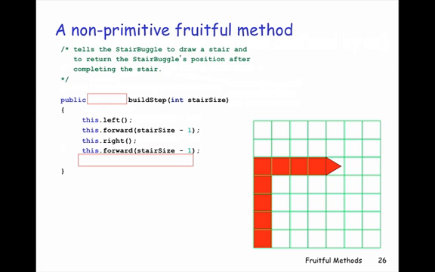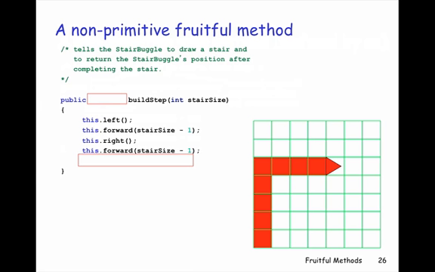So what would we need to do to change the definition so that build step now returns a value? And we will call methods that return a value fruitful methods because they're bearing fruit. So there's two things that we need to do in order to change build step from a void or non-fruitful method into being a non-void or fruitful method.